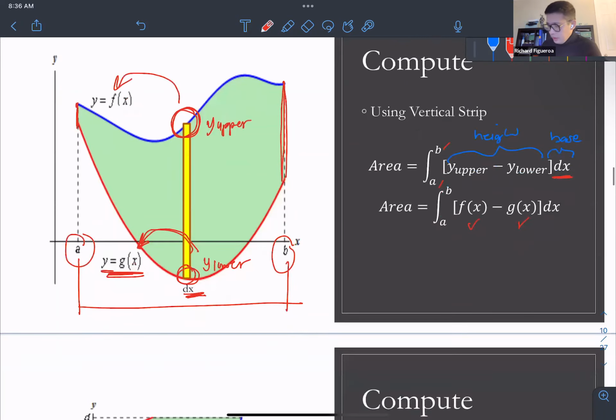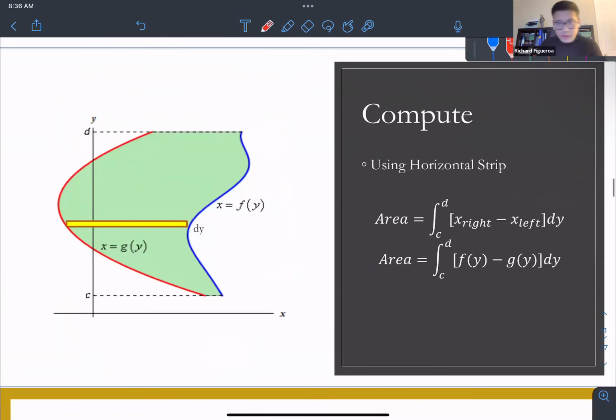No? The next is if it is a horizontal strip. So for horizontal strip, it should be x right minus x left. So that means that is the right function minus the left function. In this case, the right function is x is equals to f of y.